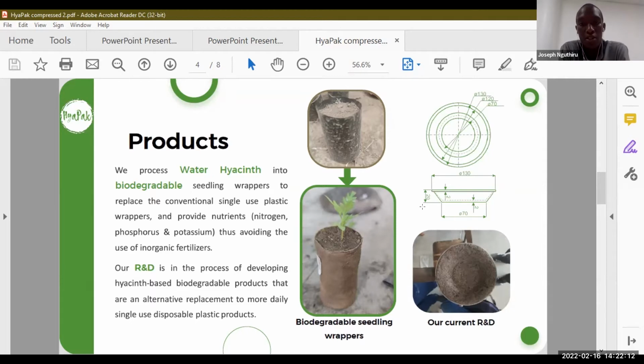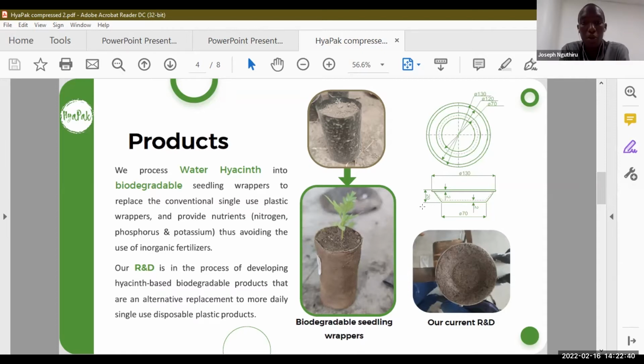The concept behind it is that you plant together with the wrapper. From what our studies have shown, seedlings planted with the biodegradable water hyacinth wrapper are growing 22 to 23% faster than the normal ones. This is because we are eliminating the shock that happens when you remove a seedling out of its original habitat.